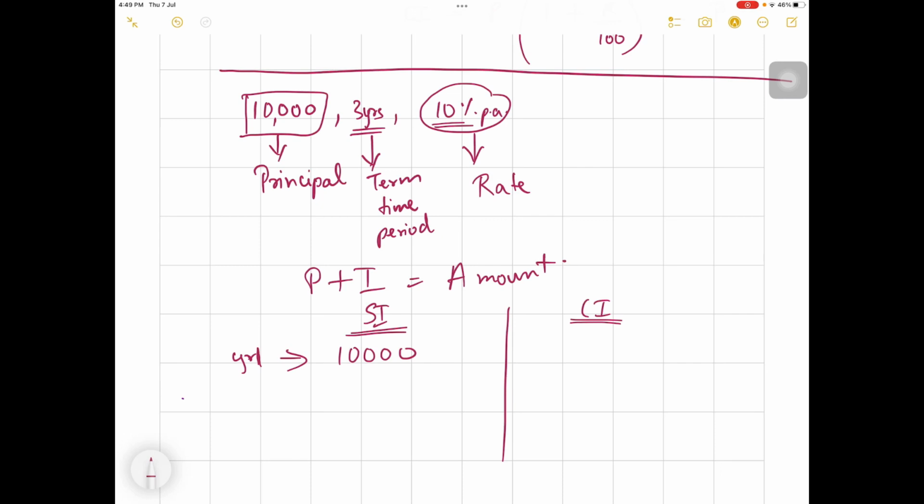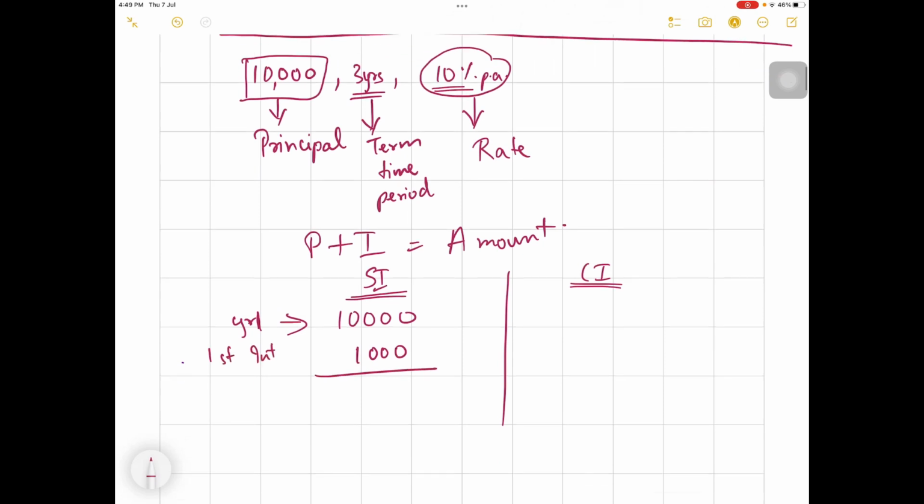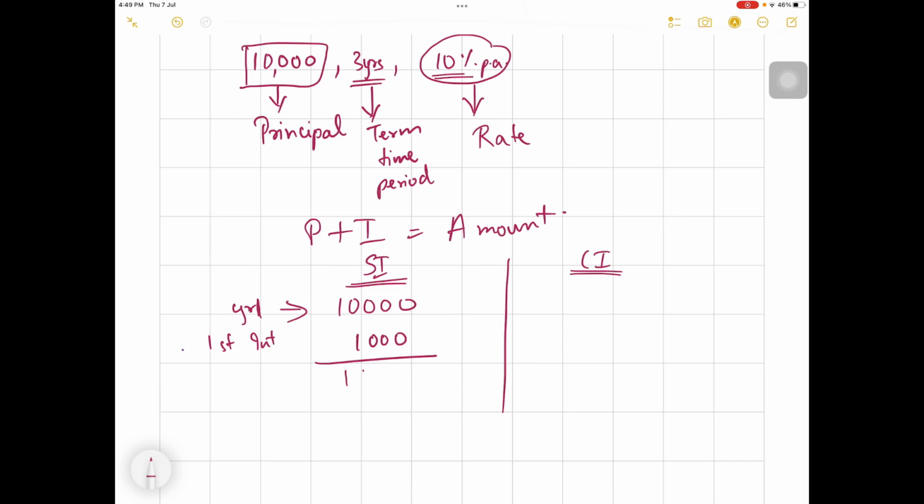At the end of year 1 my interest is 10% on 10,000, which is 1,000. So this is first year interest. Now this amount has become 11,000.